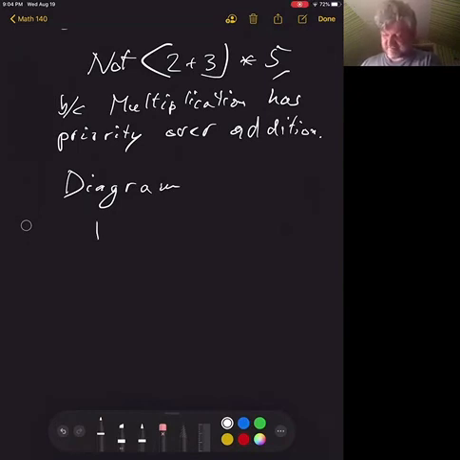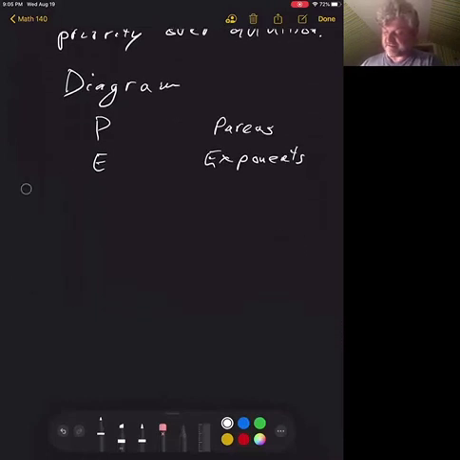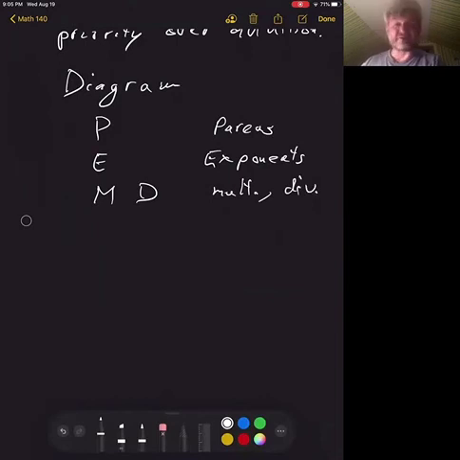So the highest priority is the parentheses. And then exponents, exponentiation, have the next highest priority, and then multiplication, division are on the same level, and finally addition, subtraction are on the lowest level.